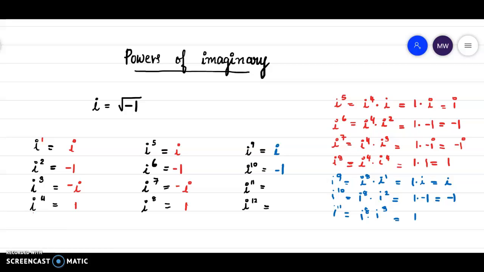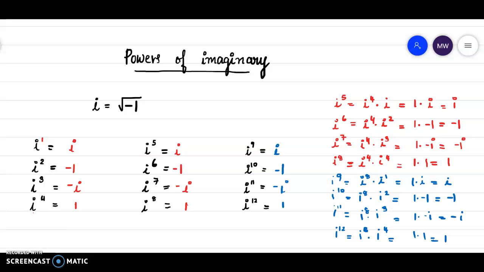I to the 8th again is 1, and we know that i to the 3rd power is -i. So I get my answer as -i here. And the last one, i to the 12th, can be written as i to the 8th times i to the 4th. We know i to the 8th is 1, and i to the 4th is also 1, so it's just 1 times 1. My answer is 1.